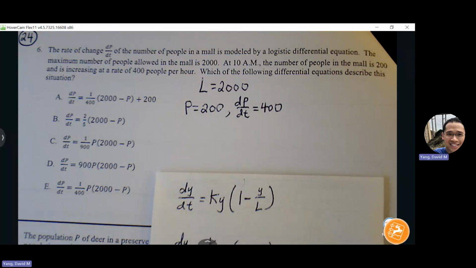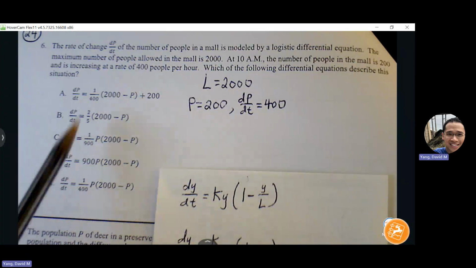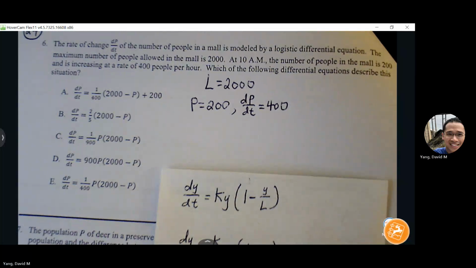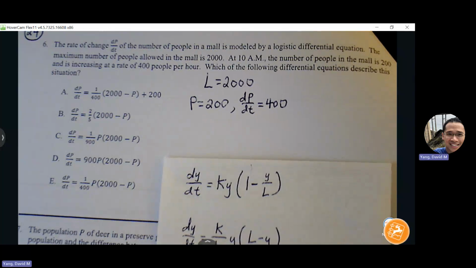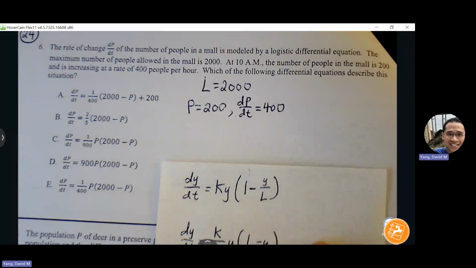Okay, so really we're just trying to solve for K, right? If we can solve for K, then we should be able to match with one of these options. Yeah, A and B will be gone. We're dealing with between C and D. I'm going to match it up with the second one here.